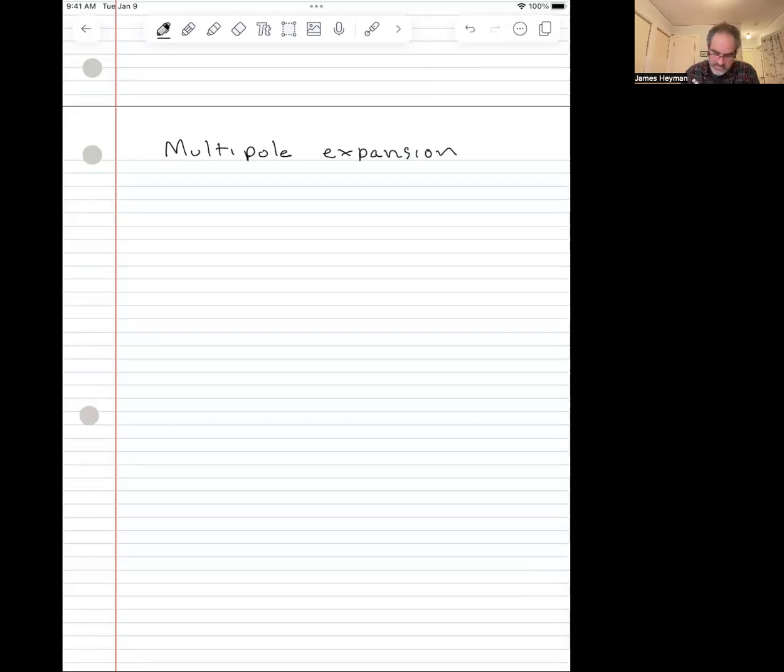And the multipole expansion basically let us find the potential around some object that maybe has a complicated shape or charge distribution when we're far away from the object. Suppose our object has size A. Well, then we want to describe the potential when we're a distance r from the object, where r over A is usually a large number.